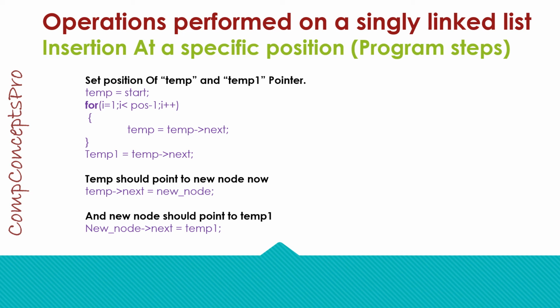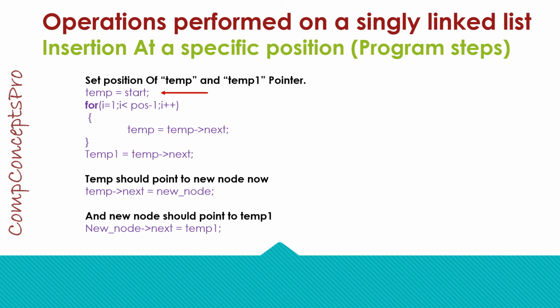Now, first we have to set the temp and temp1 pointers to the previous and next nodes where we have to insert the new node. To begin with, first we'll set the temp pointer same as start, and then in a loop we'll keep shifting its position till we reach the specific position.